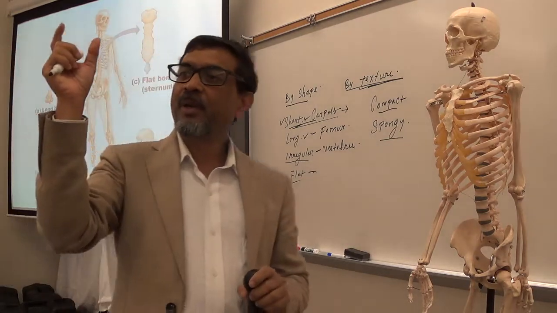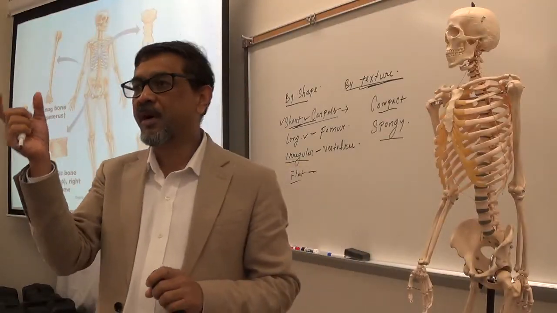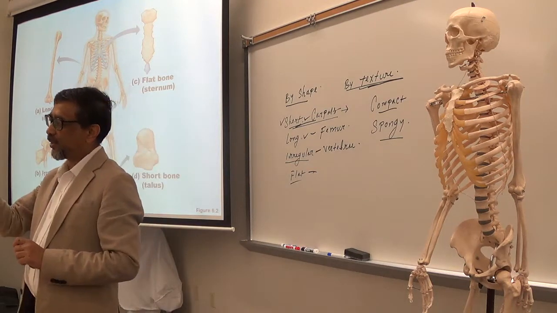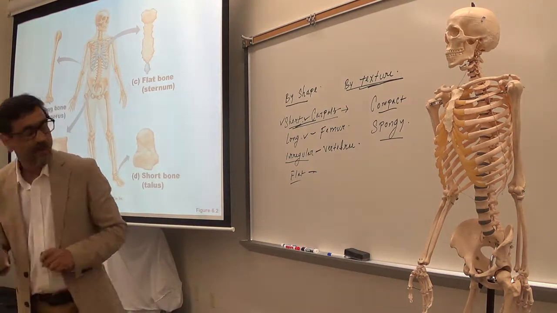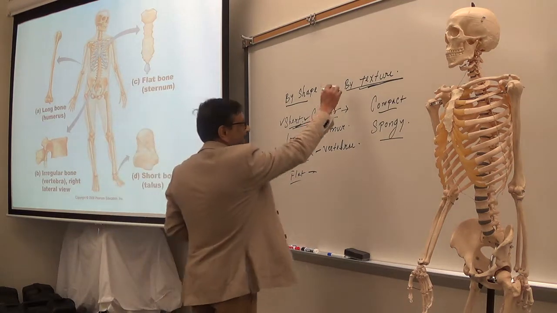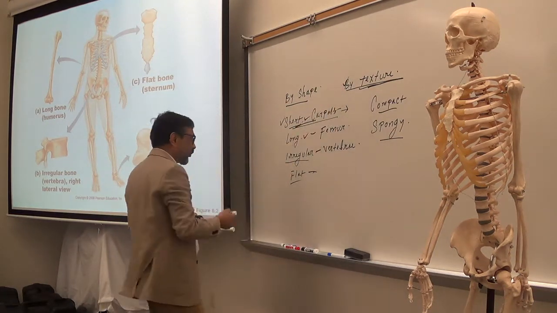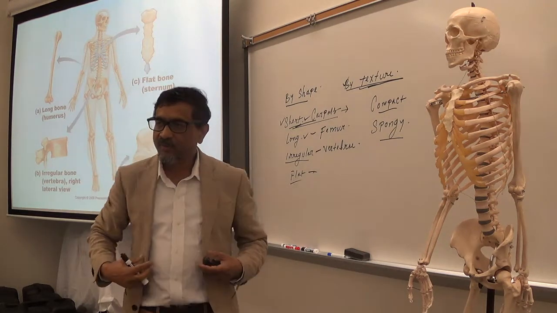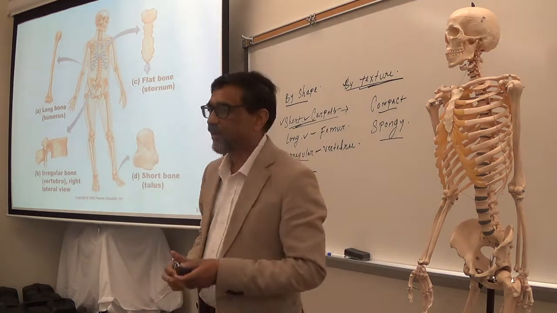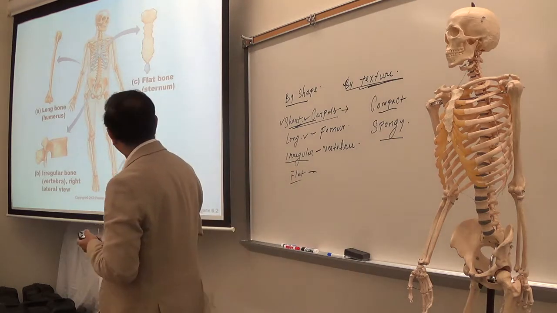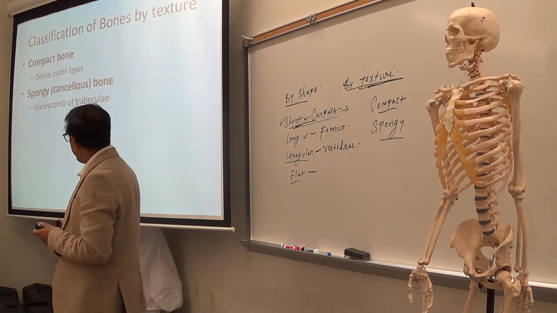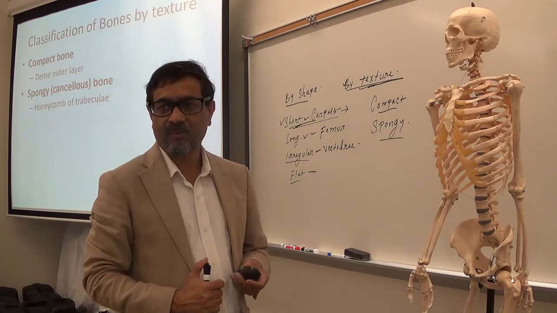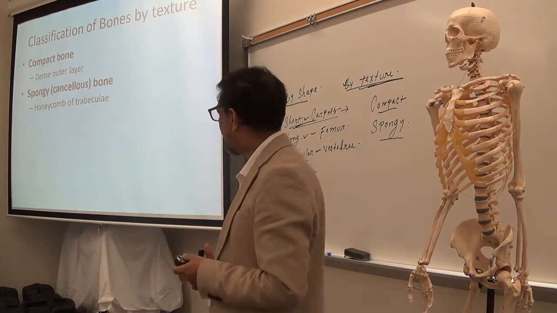So you have compact bone, which is the hard bone, and spongy bone, which is soft bone. Okay, so those are 2 types by texture. So that's how we classify the bones, by shape, by texture. Spongy bone is also called cancellous bone.